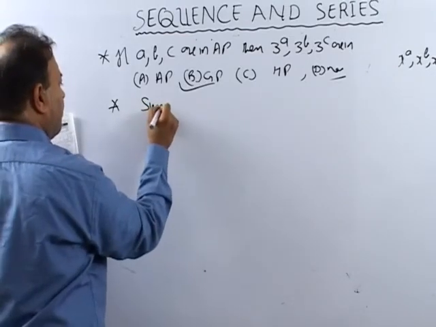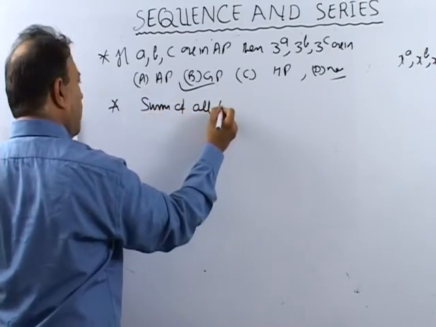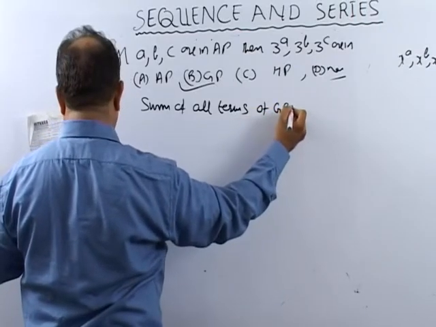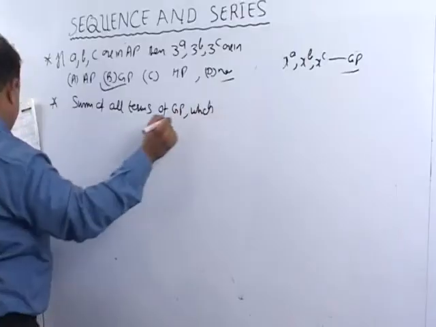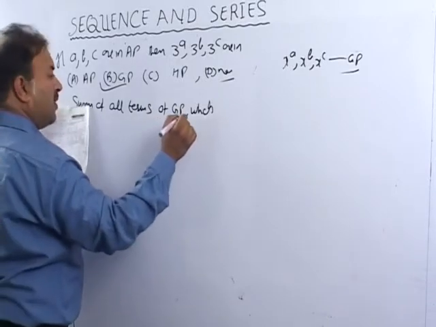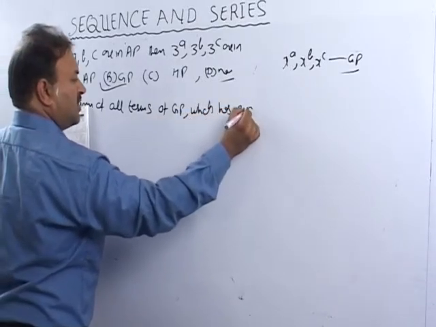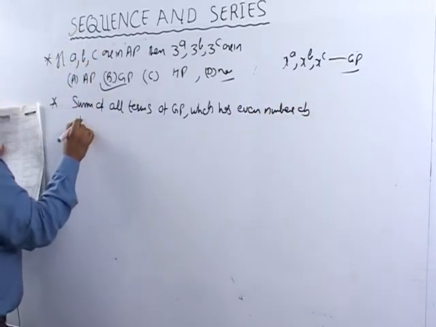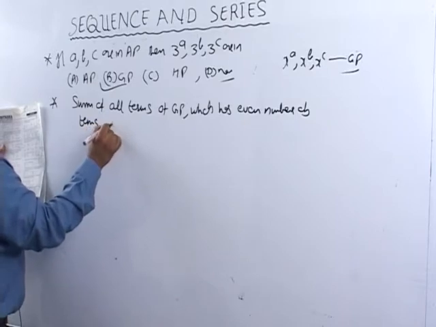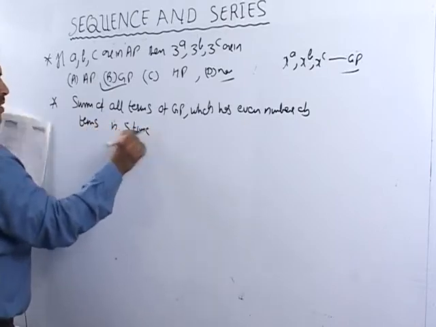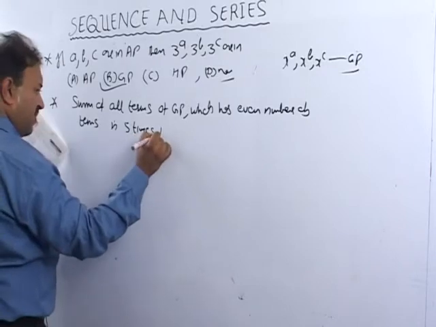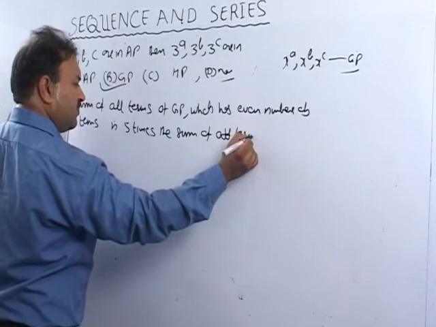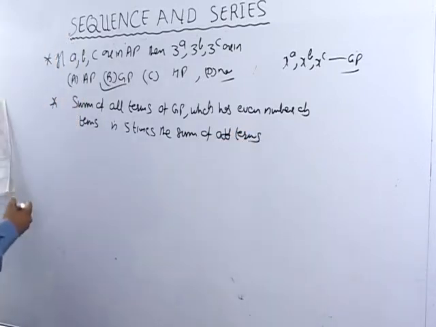Then another question. The sum of all terms of a GP which has an even number of terms is 5 times the sum of odd terms.